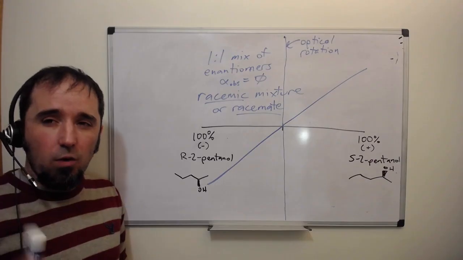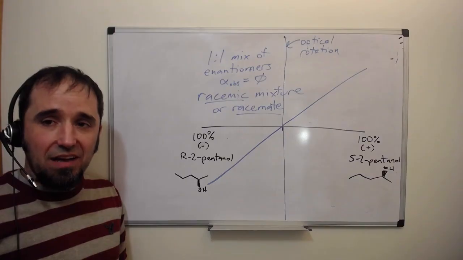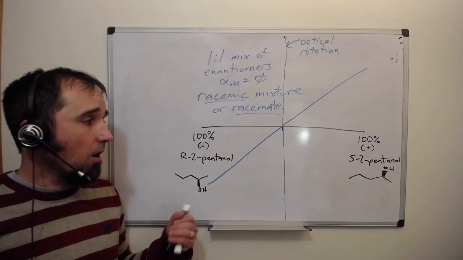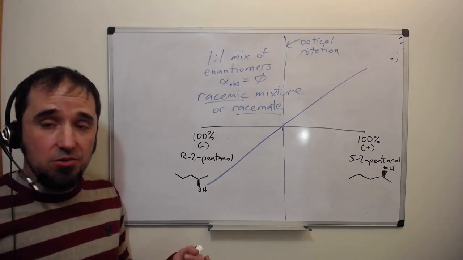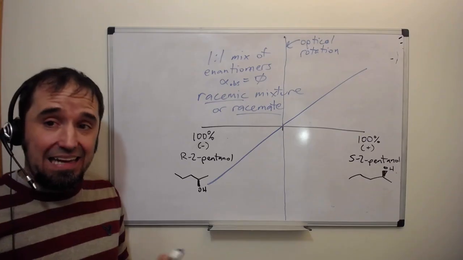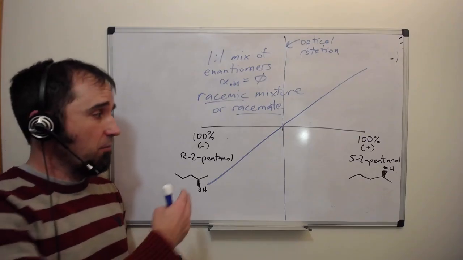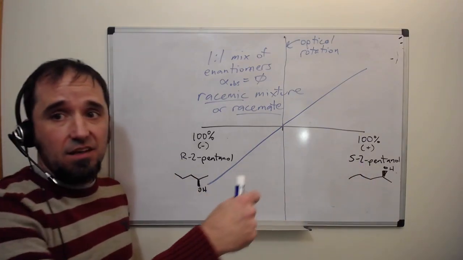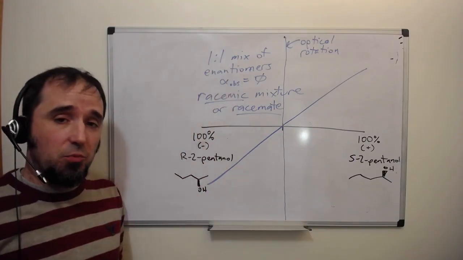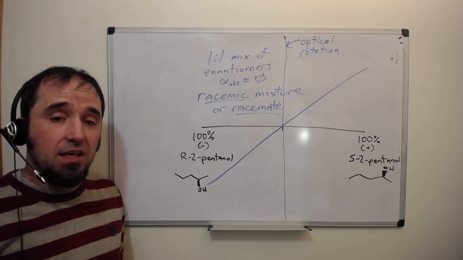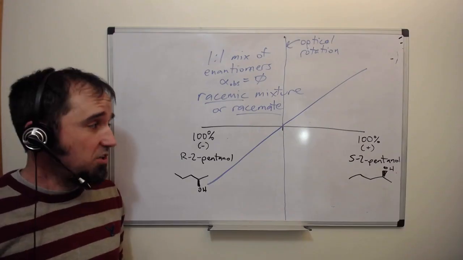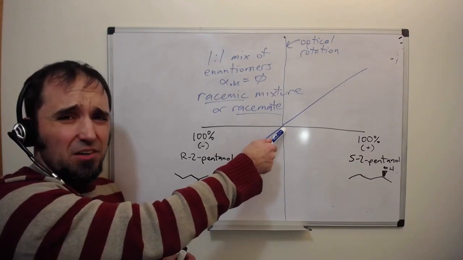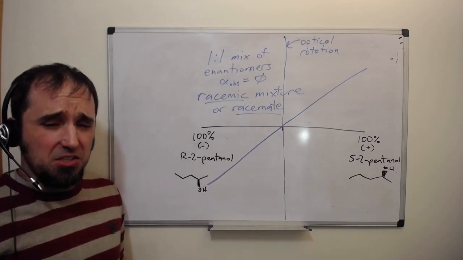Let's do a little bit more nomenclature. So let's say I've got maybe a mixture of R and S 2-pentanol. So I know that those two pentanols are enantiomers of each other. And so if I compare 100% with 100%, they'll be equal and opposite. One will be positive, one will be negative. If I mix those two enantiomers together in a 1-to-1 ratio, it crosses 0 here, and that rotation would be 0.